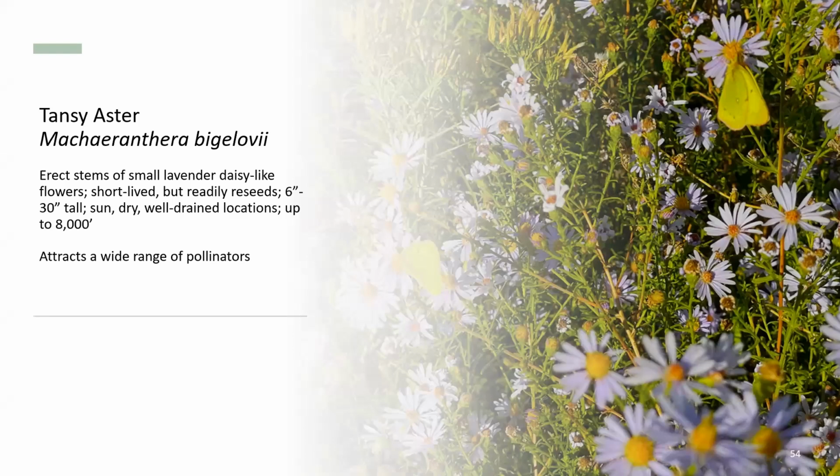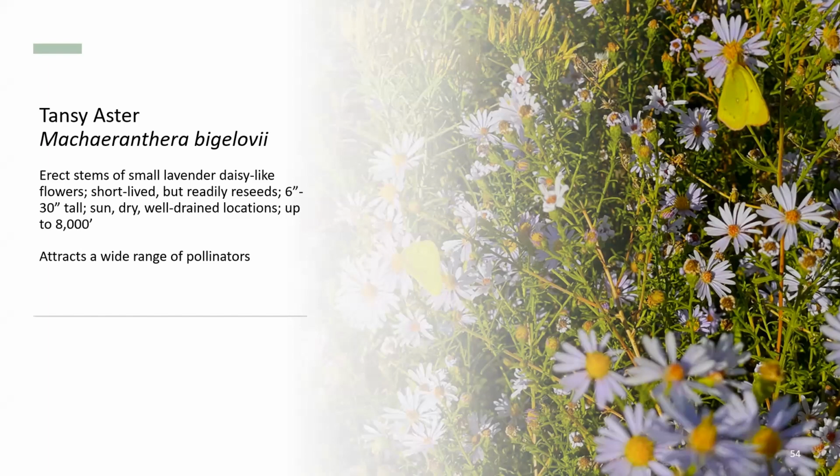The tansy aster, Machaeranthera bigelovii. I have to say about this plant, if you do not like plants that go to seed, spread around, and fill in here and there, and it's a little pejorative, but I would say it's kind of weedy. But this plant attracted more pollinators than any other plant that Paul Pooler looked at in our garden.